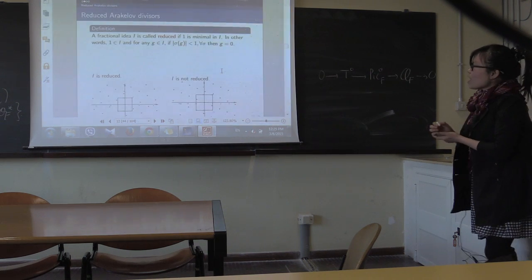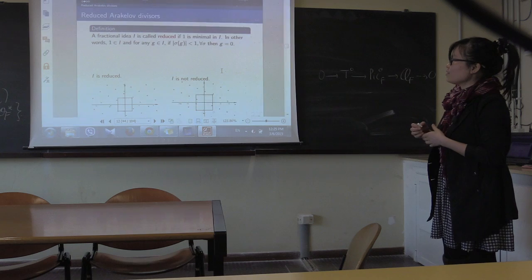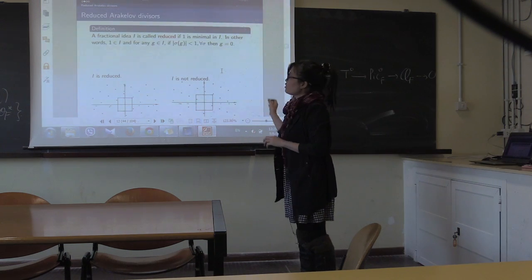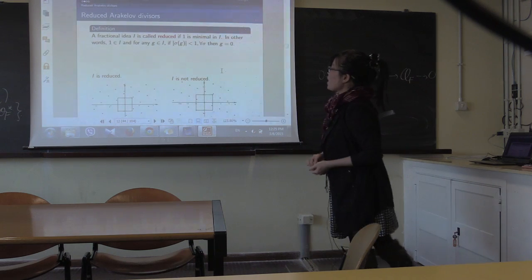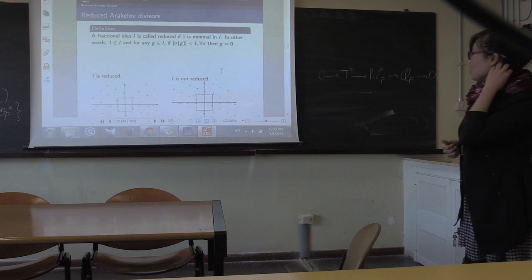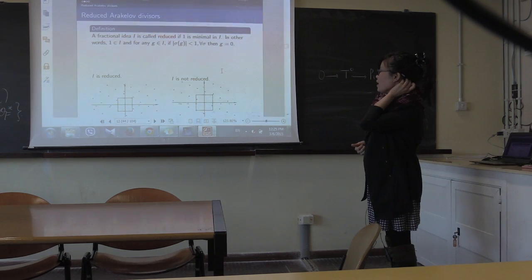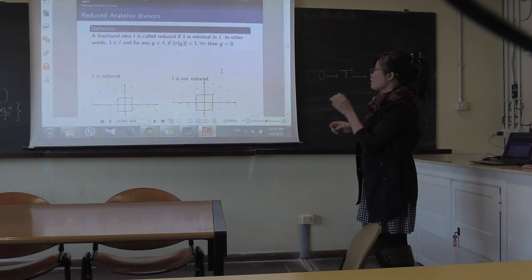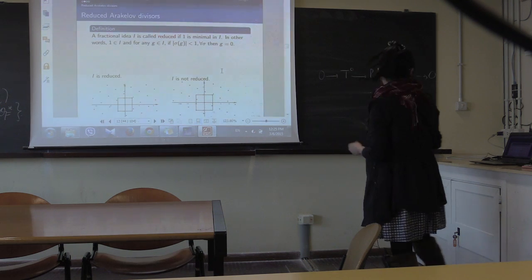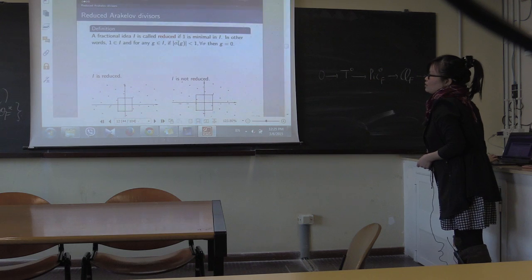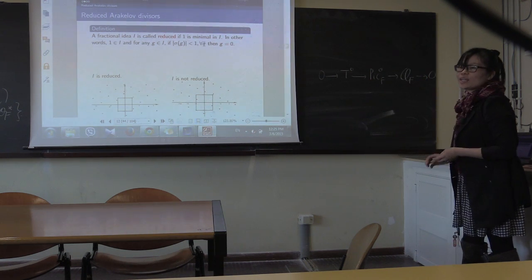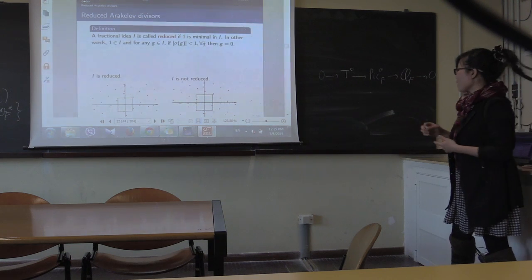Let me show you how to define the reduced Arakelov divisor for an arbitrary number field. We take a fractional ideal I, then I becomes reduced if 1 is minimal in I. It means that 1 is contained in I, and its coefficients are minimal in F_R.